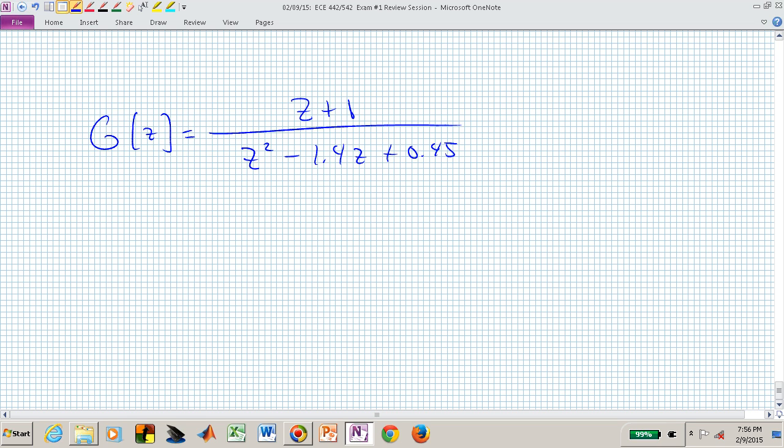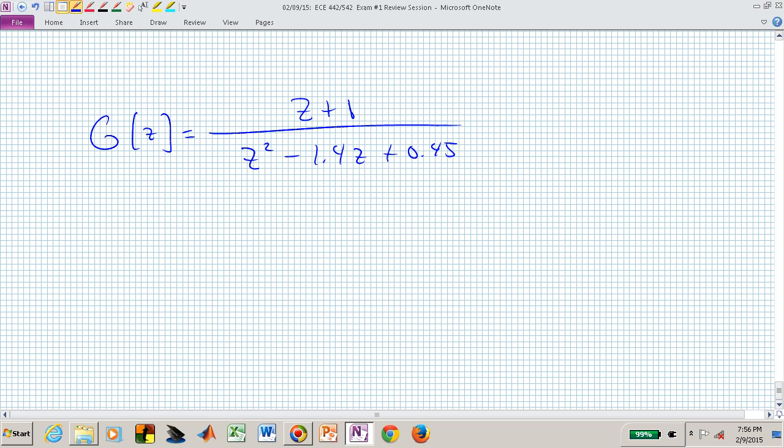You'd look at the poles, wouldn't you? You would factor that denominator. You now have poles at 0.9 and 0.5. Now I want to know what's the settling time. You have to find the slowest pole, don't you? And that's the one closest to the unit circle. That's the 0.9.